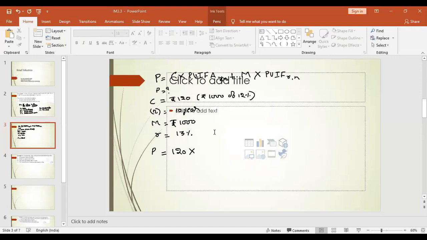In the present value interest factor annuity column, look at 13% for 10 years. The value is 5.4262.